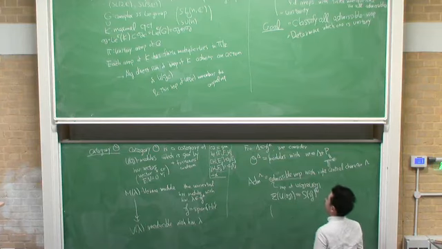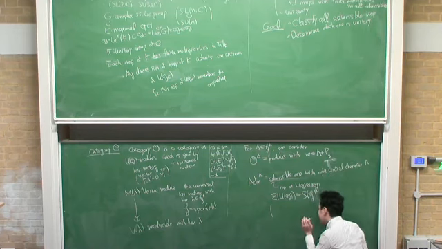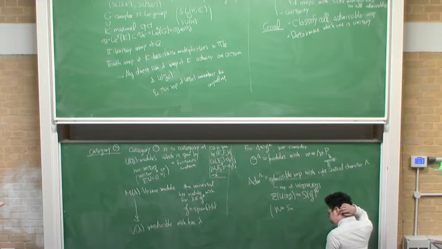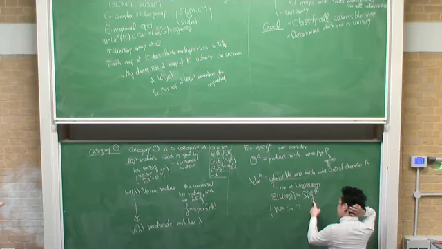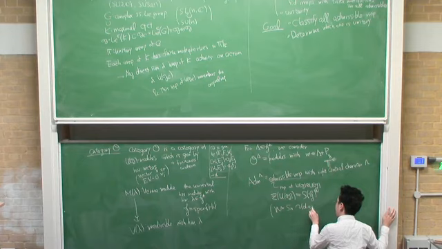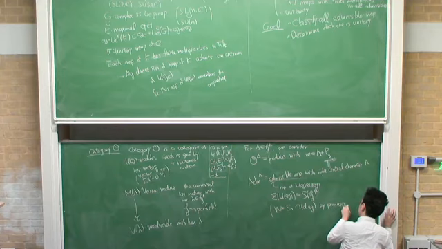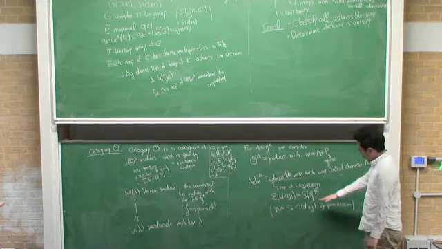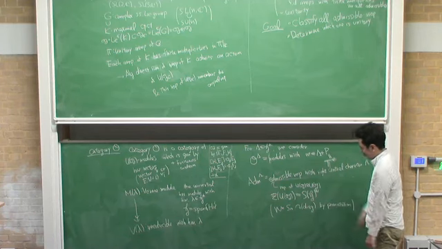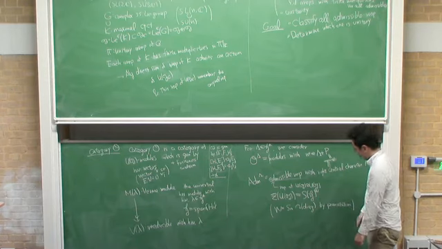Let me illustrate this in the case of SL2 or SLN, where the Weyl group is just the symmetric group acting on the diagonal matrices H by permutation. So if you consider the symmetric algebra over H, this is just polynomials, and if you take the invariant part by this permutation group, this is just symmetric polynomials.